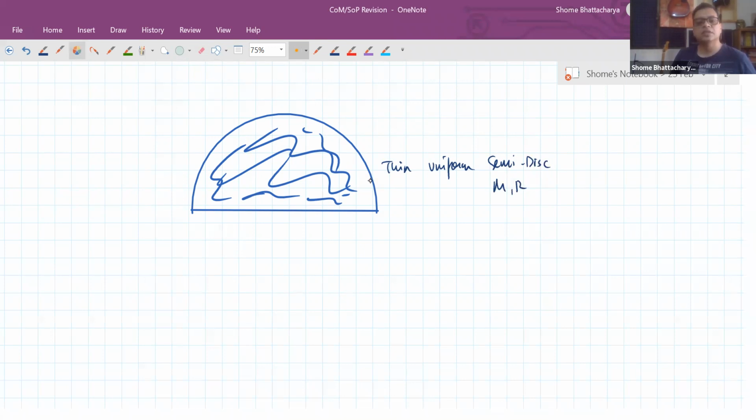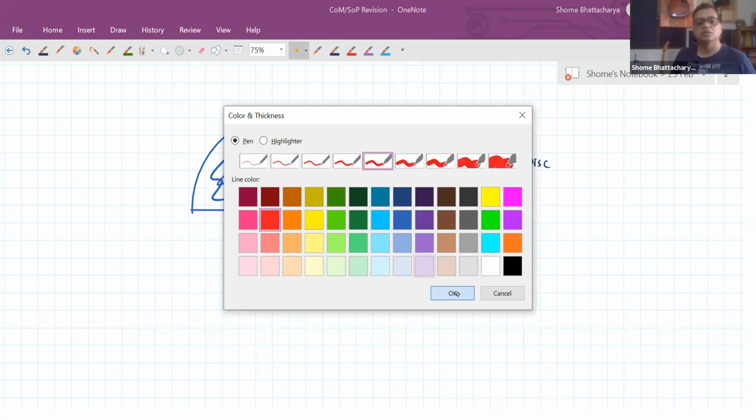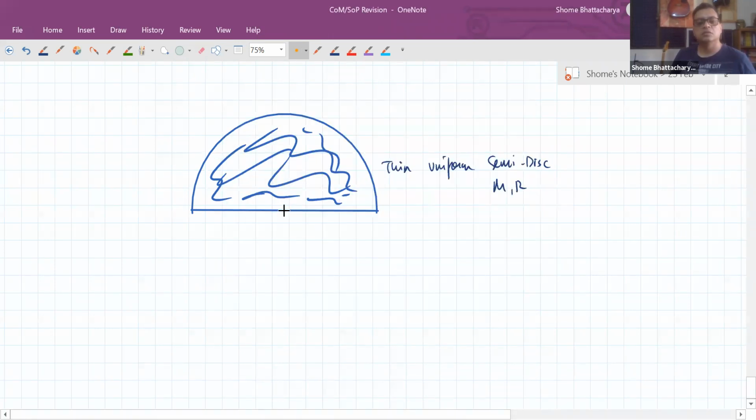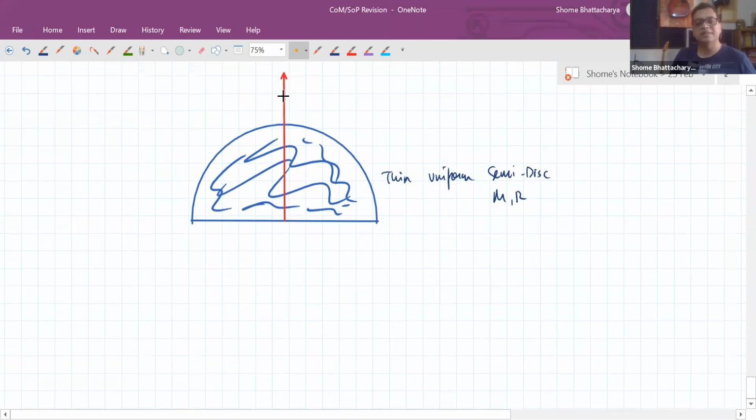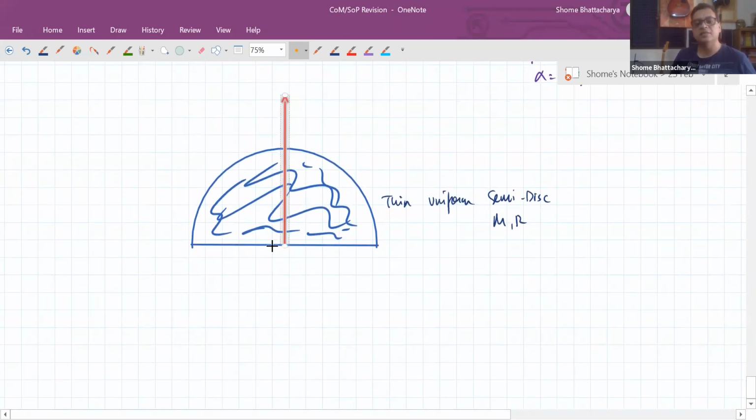So once again you will see that here the axis that bisects the 180-degree angle at the center of curvature of the disk, that is our axis of symmetry.